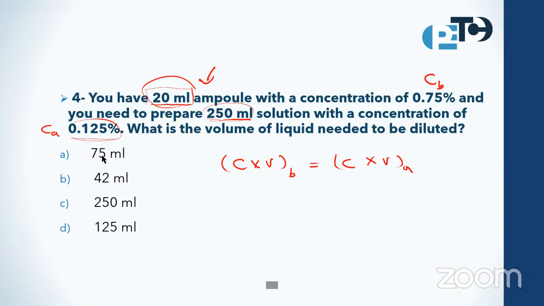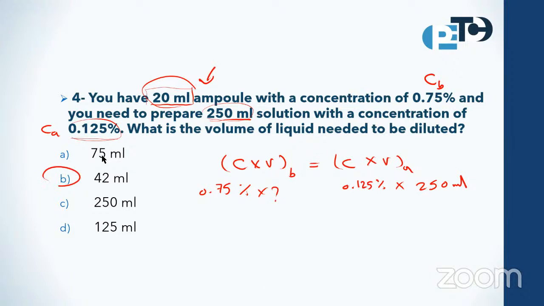Both sides should have similar units. The percentage of concentration before is 0.75 and the other side is 0.125%, so there is no problem in the unit. The volume after is 250 milliliters, and the volume before is needed in milliliters. Using the formula, we get the answer, which is 42 milliliters.